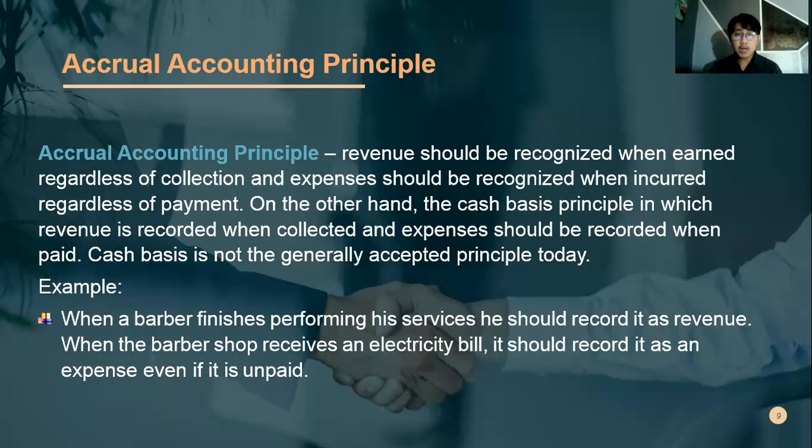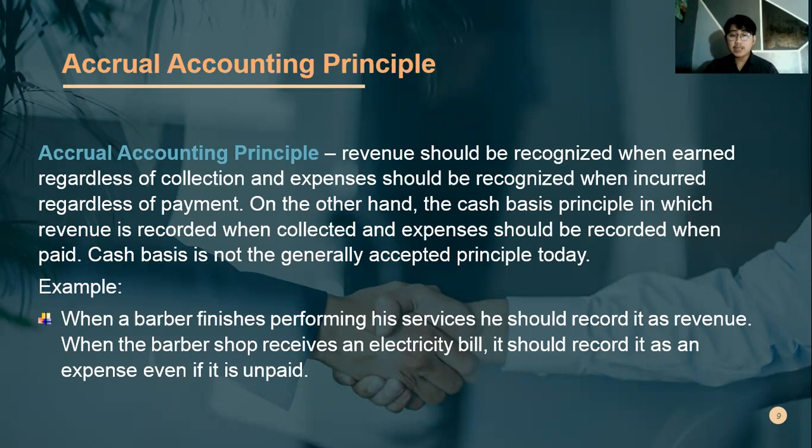Next principle is the accrual accounting principle. So when we say accrual accounting principle, revenue should be recognized when earned regardless of collection, and expenses should be recognized when incurred regardless of payment. On the other hand, the cash basis principle is one in which revenue is recorded when collected and expenses are recorded when paid.